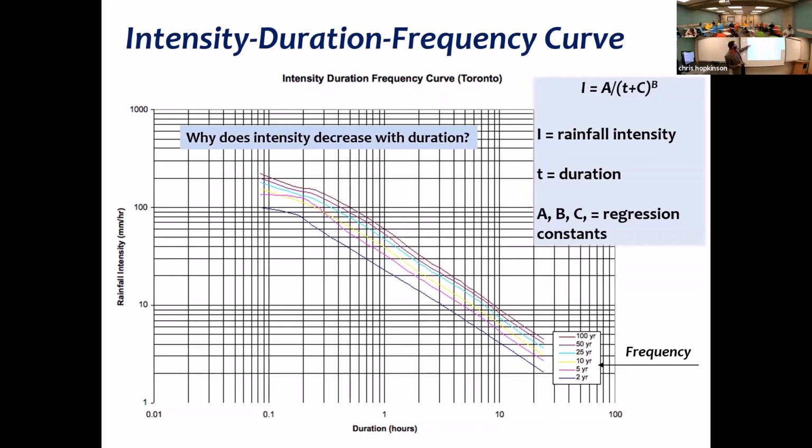At the top end, we've got 100 millimeters per hour for every 2 years. Well, that's a 50% probability in any 1 year, right? So that's what we're likely to get every 2 years. And then at the 1 in 100 year, we're at 200 millimeters per hour as our peak intensity. So it's a doubling. That's a 1% probability in every year.